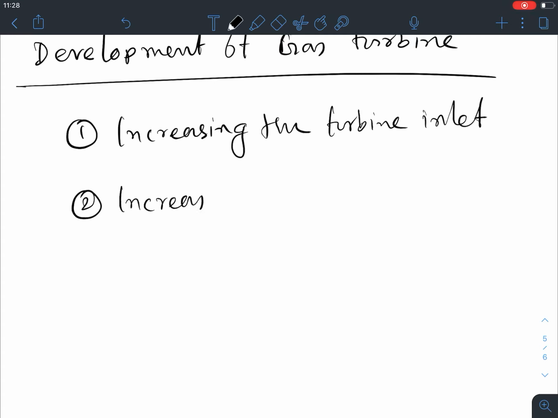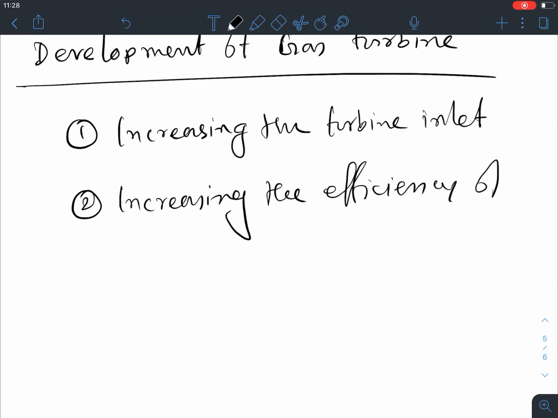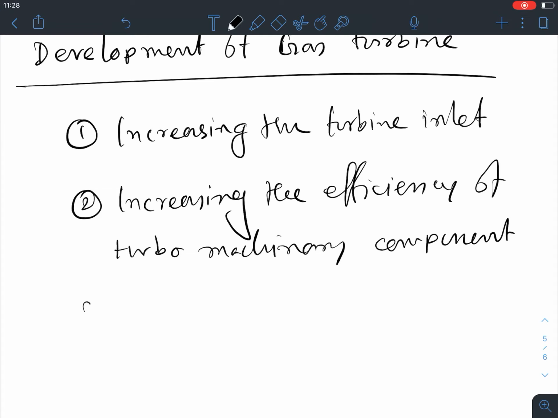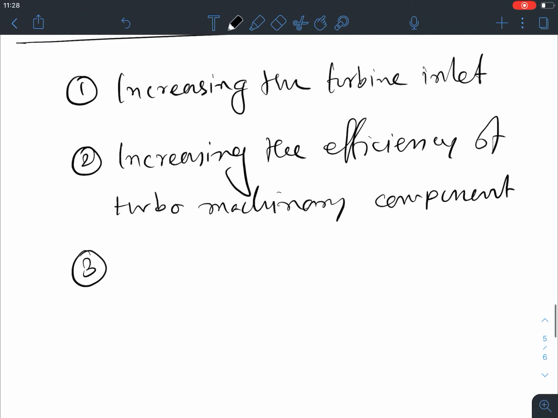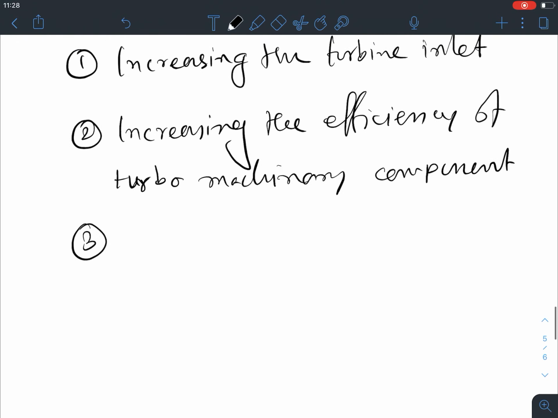The second important thing is increasing the efficiency of turbomachinery components. Let me talk about how we are increasing the turbine efficiency.